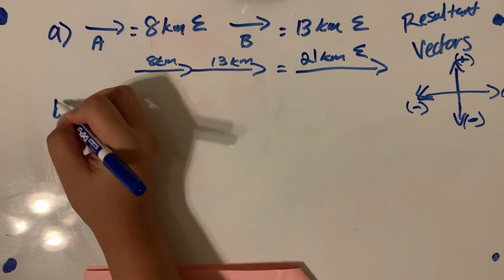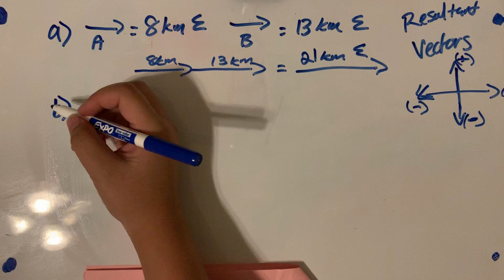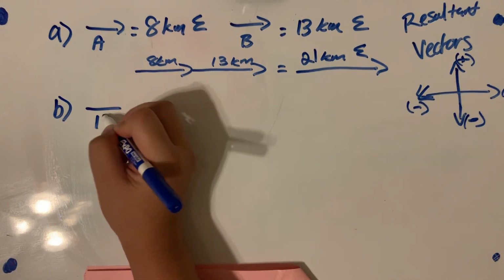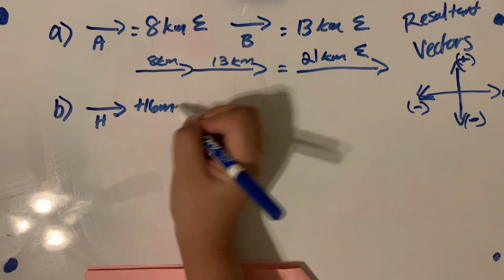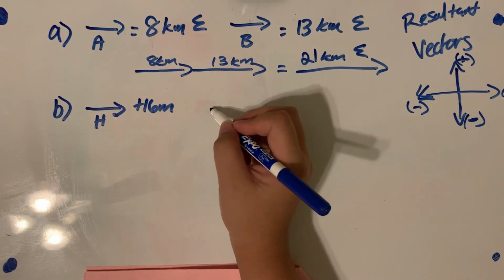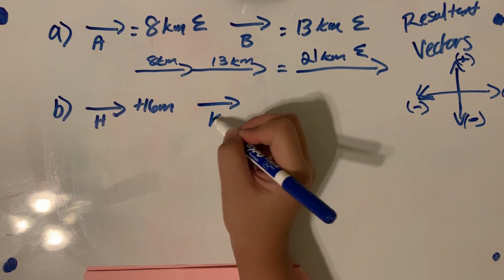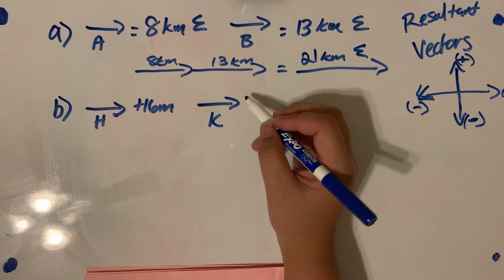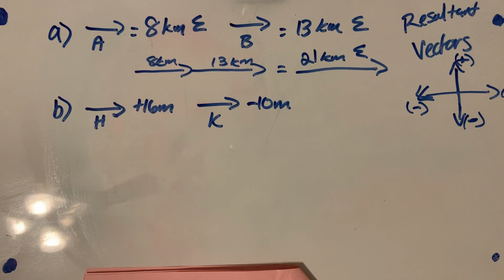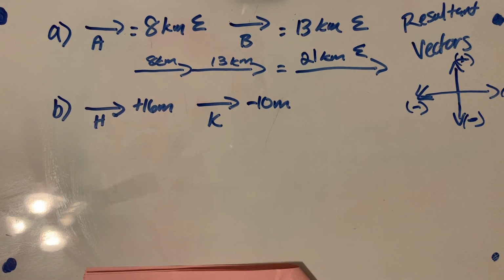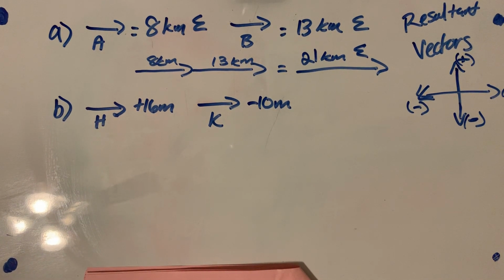Let's do B. The vector H is going positive 16 meters. And then vector K is going negative 10 meters. Resultant vectors. I don't really care how you draw this as long as it's in the right direction.